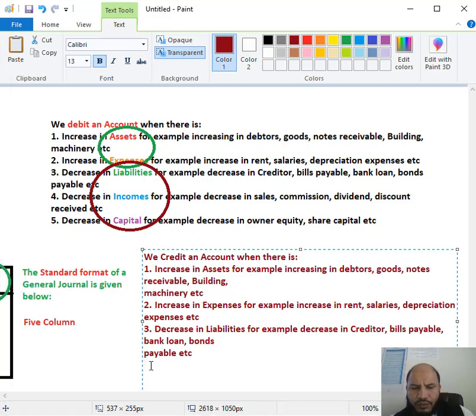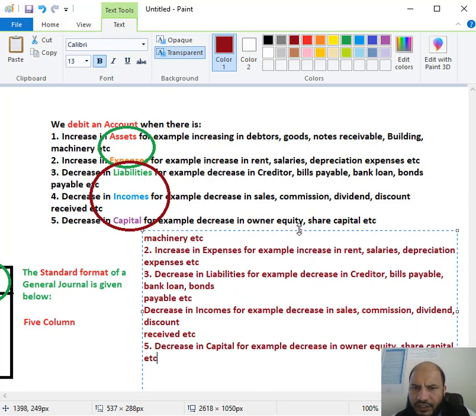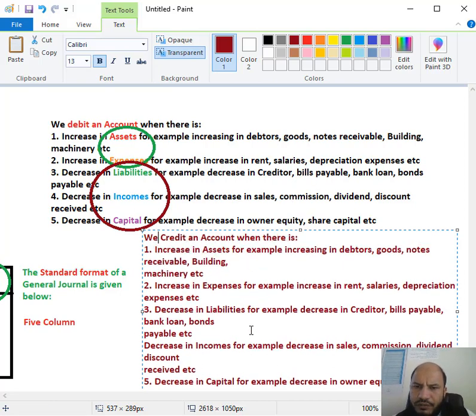For all of these accounts we have different rules of debiting and crediting. Now let's explain the credit rule for all these 5 accounts. So dear students, see again.